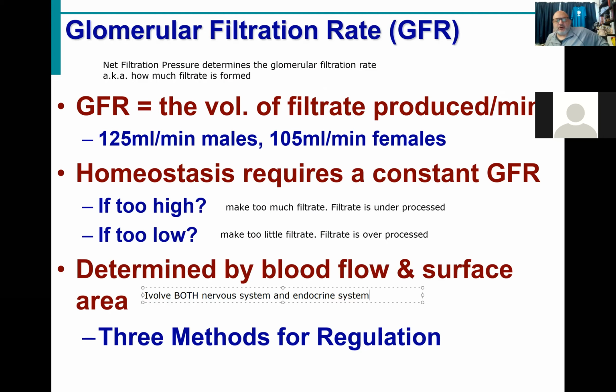So we are going to use both nervous and endocrine systems. And notice I said three methods because under nervous, we are going to have both intrinsic, contained within the organ itself, and extrinsic, which of course means going through our central nervous system, going through our autonomic nervous system, as we know, for these types of organs.